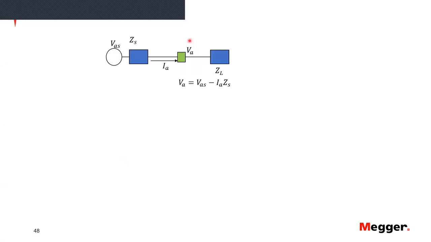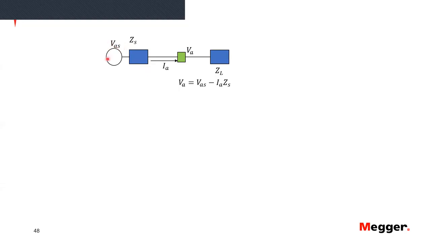Now, that voltage is actually a function of the voltage at the source, whatever the source is behind the relay, minus the current that's circulating because of the fault, times the impedance of the source. Now, this is an abstraction. Unless you're connected directly to a generator, you cannot know what your source actually is.